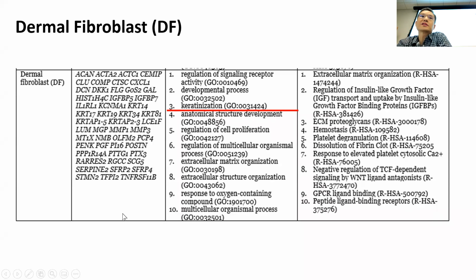Exactly the same analysis, repeated on a different population of cells. And here, the highly variable genes are those that are different from other groups, from other cell types.